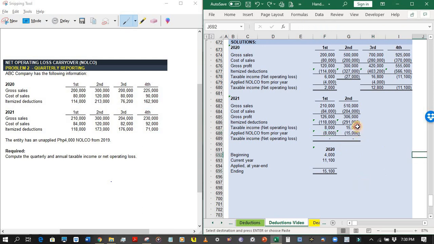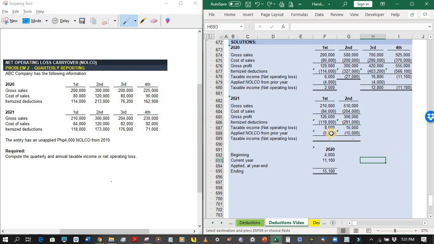So since the 15,000 includes the 8,000 taxable income of the first quarter, which means that we must also deduct the NOLCO of 8,000 during the second quarter. Because the 8,000 taxable income in the first quarter is also part of the 15,000 pesos.